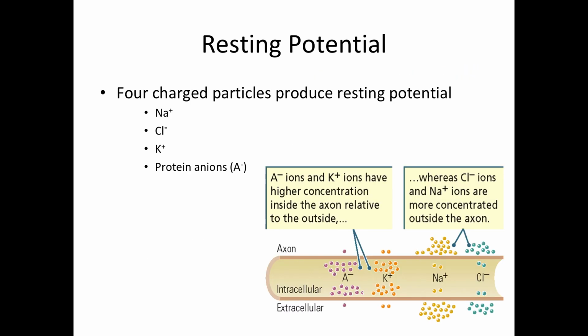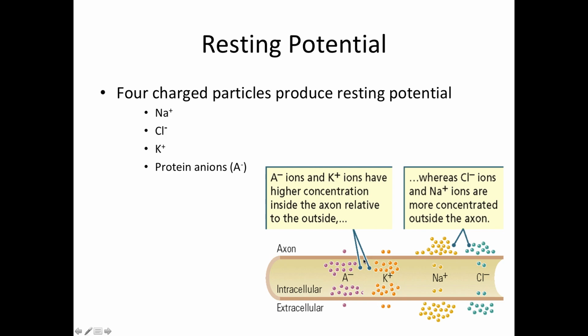Okay, so there are 4 kinds of charged particles that interact to produce this resting potential. So you have sodium ions, which you can see right here, the chloride ions, the potassium ions, and protein anions. So these are little proteins with a negative charge. So at rest, the large protein anions and potassium ions are in larger quantities on the inside of the cell.